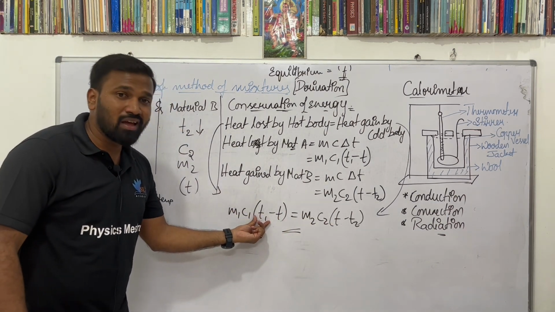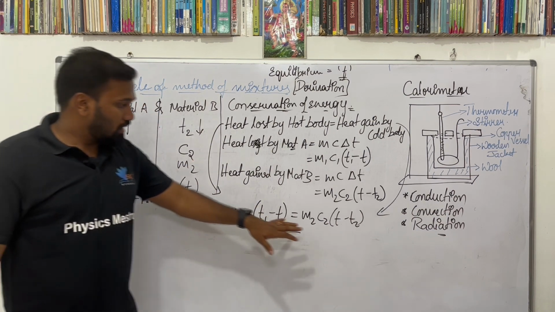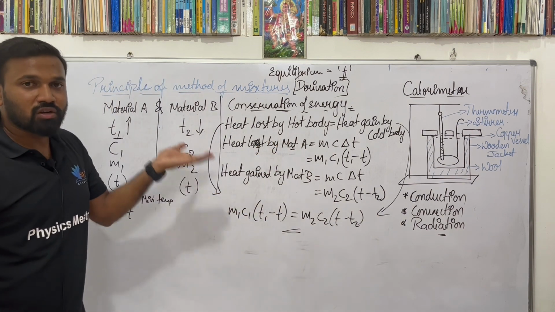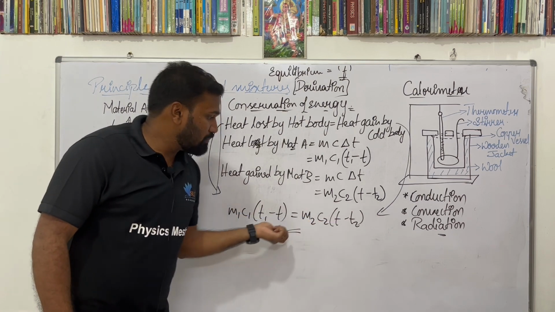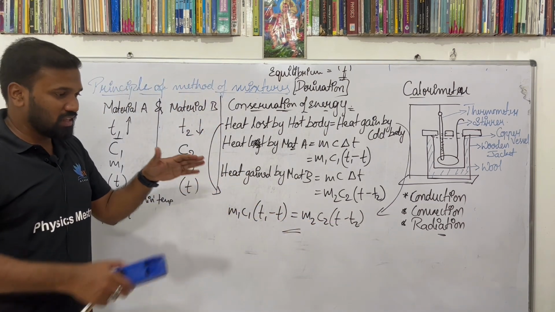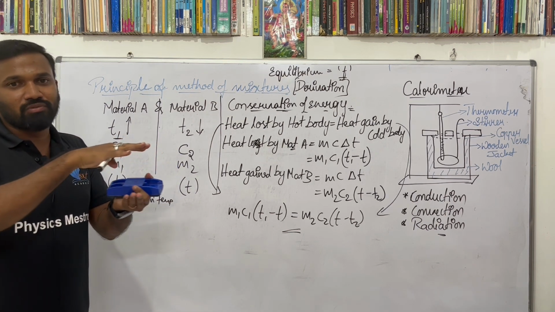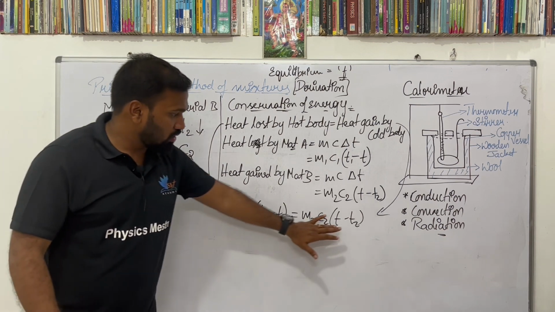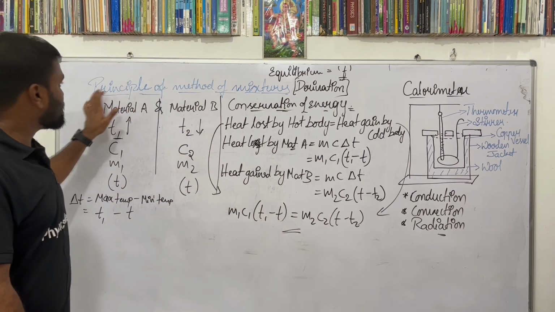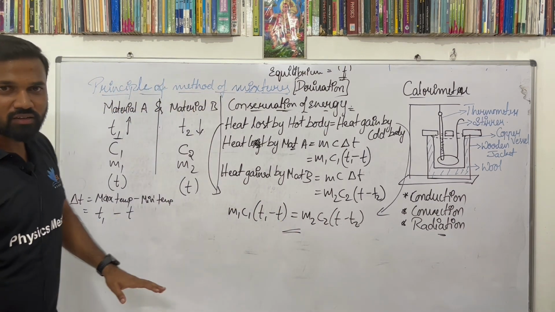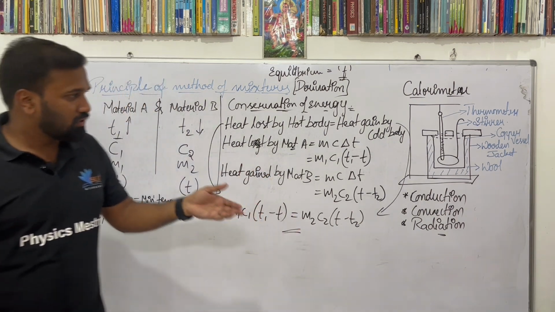Here T1 is the maximum temperature of the hotter body, T2 is the temperature of the cold body, and T is the equilibrium temperature, the temperature at which both objects remain the same after heat transfer. We will utilize this formula to solve problems in the next video.